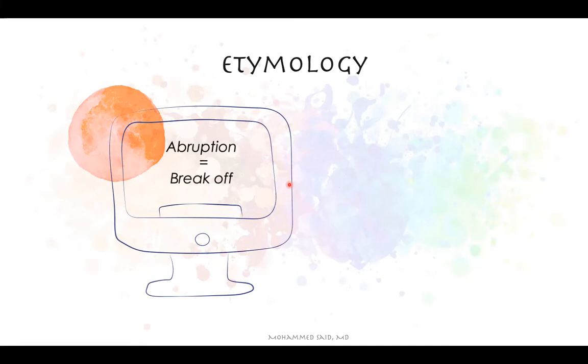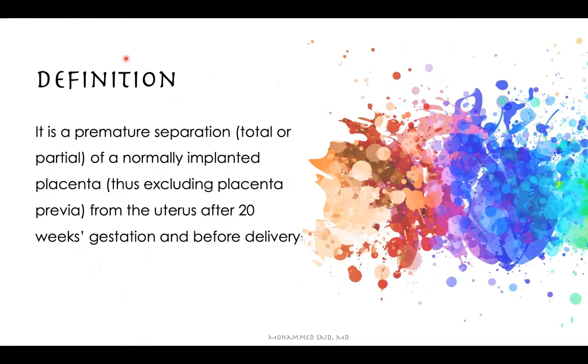Okay. So let's talk first about the definition, and then see what criteria we need to fit in this definition. In a simple way, placental abruption, as we say, the placenta is breaking off, so it's a separation of the placenta, but it's not just any separation. It's a premature separation.